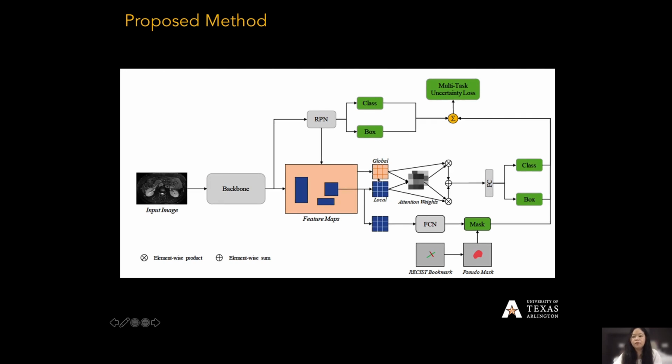For the segmentation map, we have multiple attentions because the RECIST-generated rough masks are not very accurate. So we use these multiple attention weights to add more uncertainty to our trained model, to make it more robust to different testing cases.